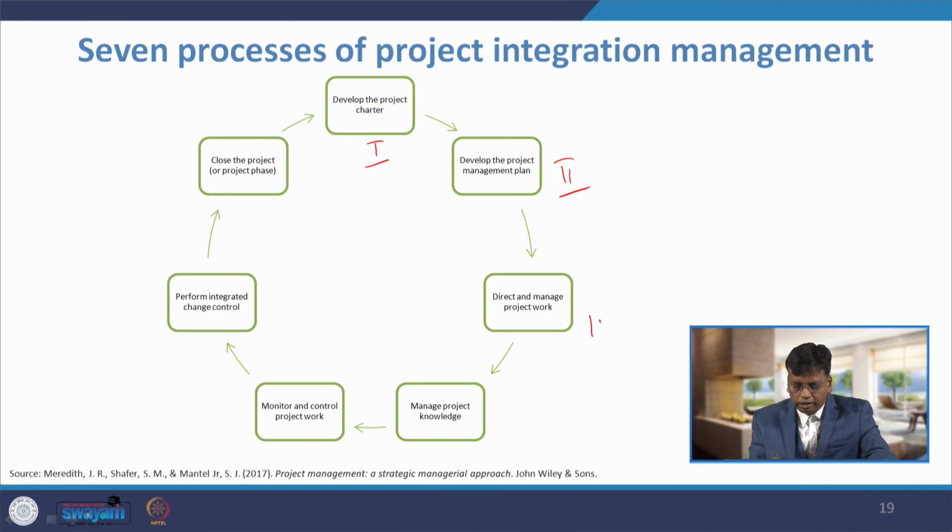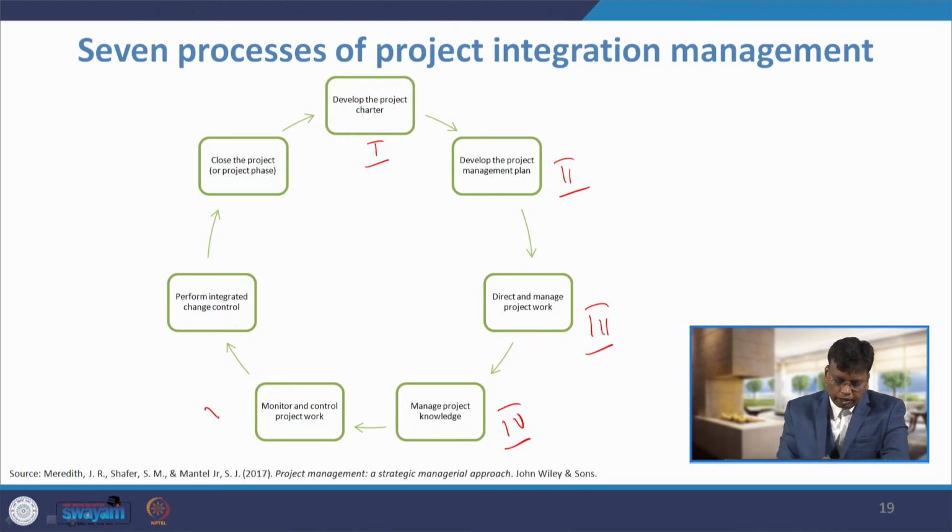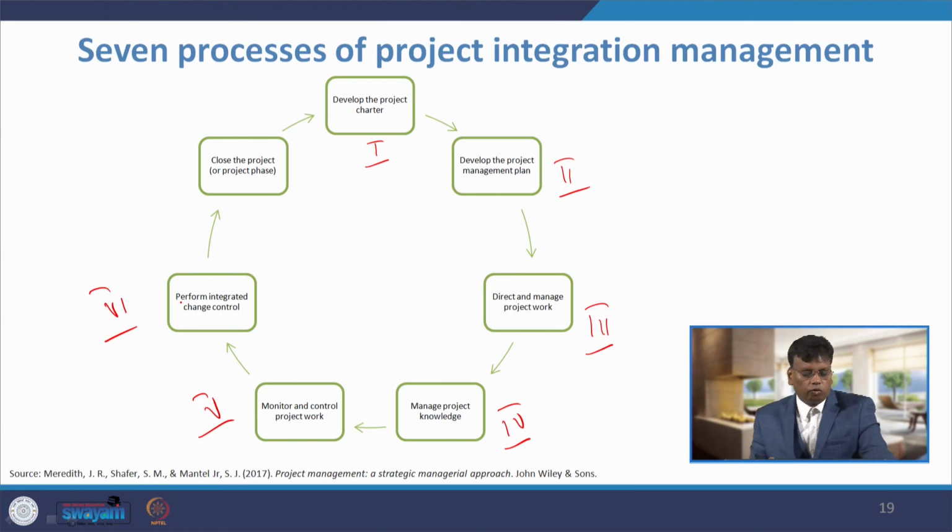The third stage is direct and manage the project work. The fourth stage is manage project knowledge. The fifth one is monitor and control project work. The sixth one is perform integrated change control, and finally, close the project. So, these are the 7 stages for achieving project integration management.